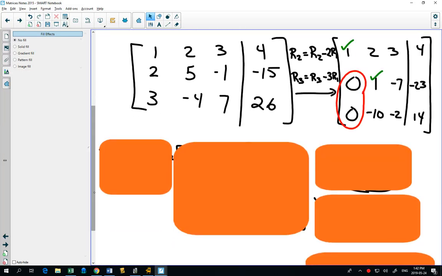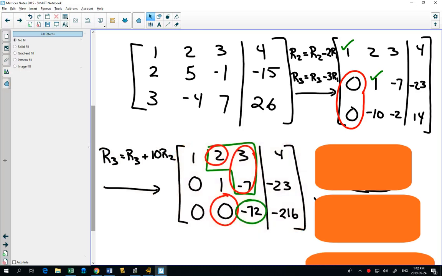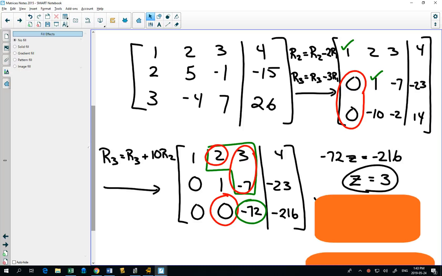So after getting those zeros, something that was really nice is this is already a 1. So now I can get row 3 plus 10 row 2's, and I get that to be a 0 as well. Ignore the green boxes and circles around things. That's getting ready for the next part. Now in Gaussian elimination, you have negative 72z's equal to negative 216.